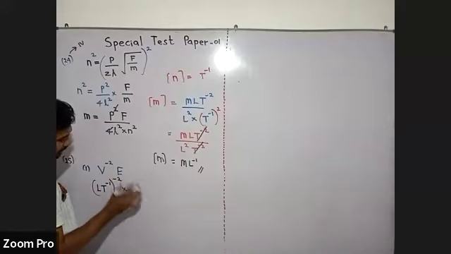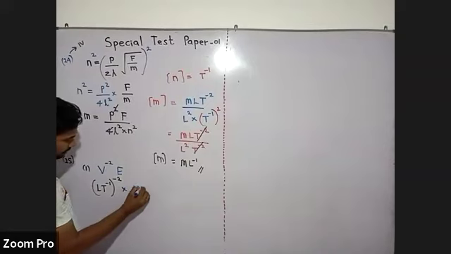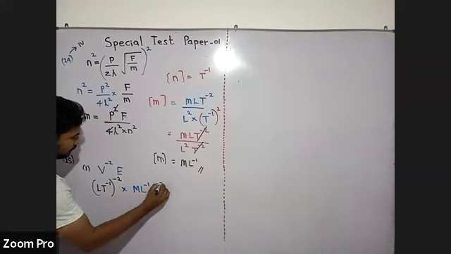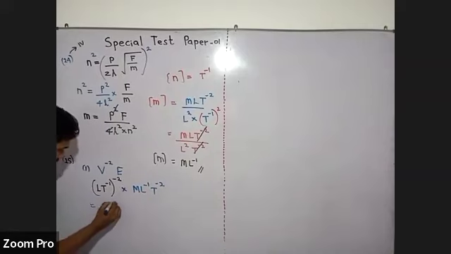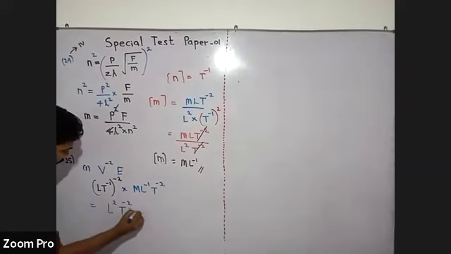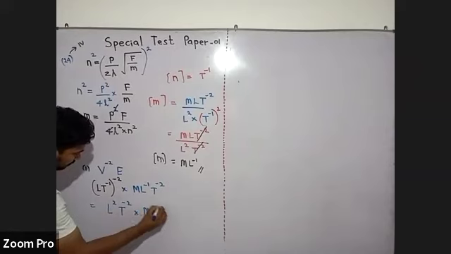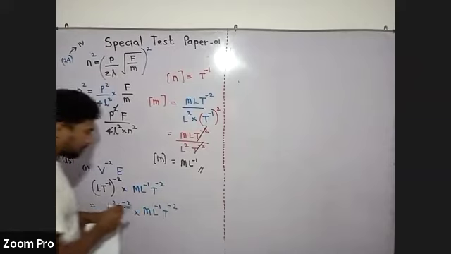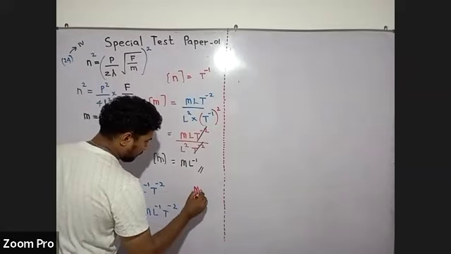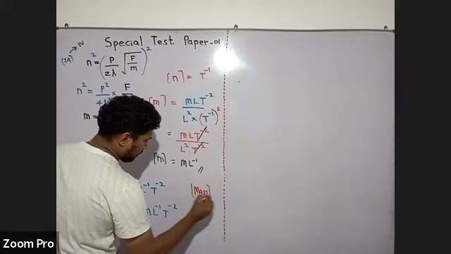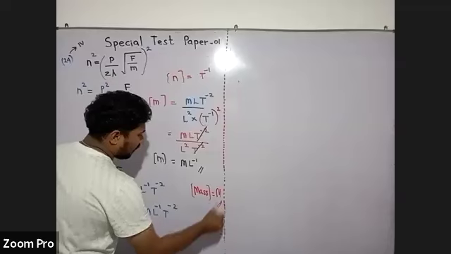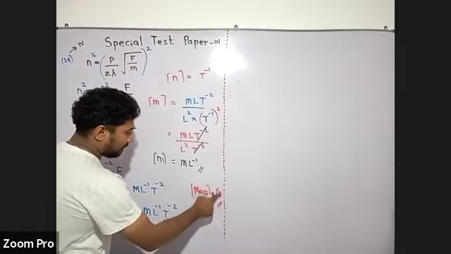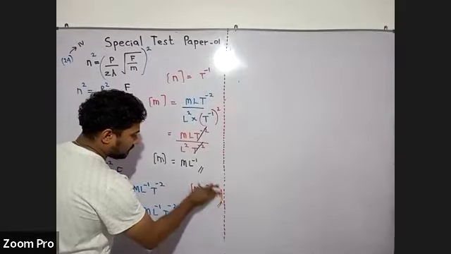Now guys, what are the dimensions of energy? M L squared T minus 2. So let me simplify further. You know that the dimension of mass is capital M. However, we have to obtain capital M after the simplification.